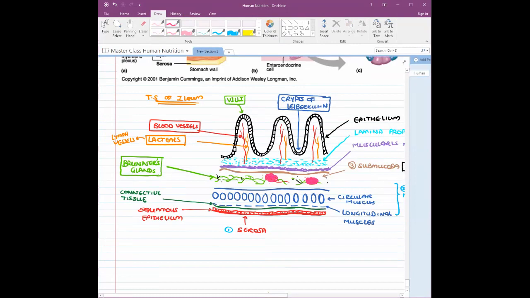They are going to produce a hormone called serotonin. Now serotonin, what is this going to do? This is going to give you that relaxation kind of feeling as well. So this is argentaffin cells. Once again, argentaffin.